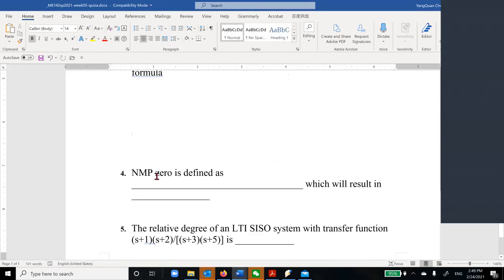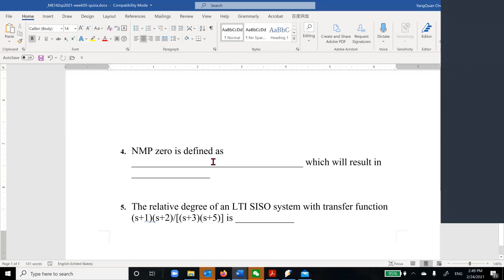So this is a non-minimum phase zero, which will result in undershoot, right? It is defined as having zeros on the right half plane, okay?